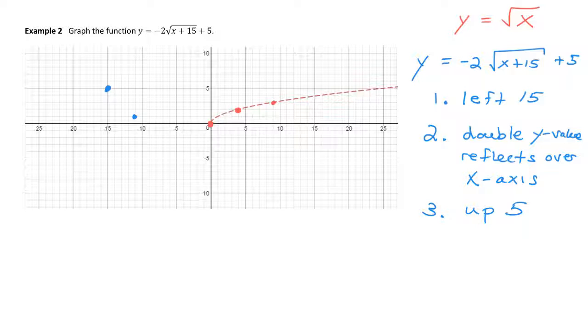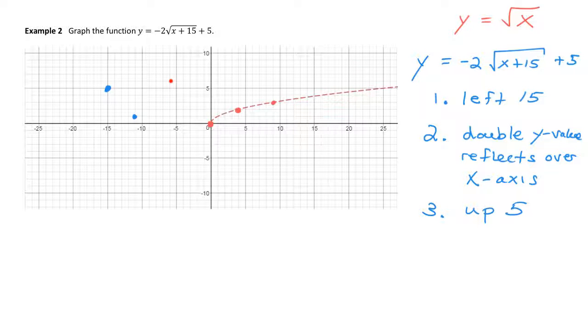And okay, one more point. I think we should really have a good idea of where the entire graph is going. So again, I'm focusing on 9, 3. So just like every other point, it's going to go 15 places to the left. Now I'm only addressing the y value. So the y value is going to be double. So it's going to go from 3 to 6.